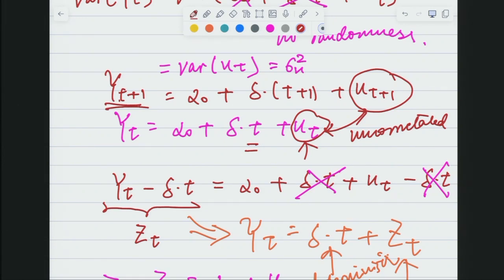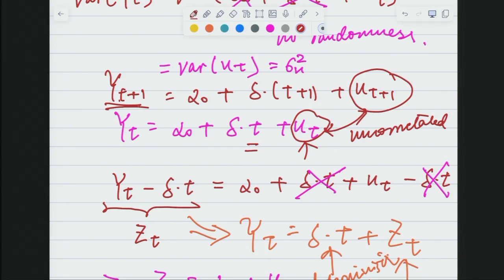In contrast, in a stochastic trend model or series, the shock has a permanent effect. As you can see, the stochastic trend model involves the sum of all past shocks. Each shock directly enters the model equation for the stochastic trend model and remains there forever.